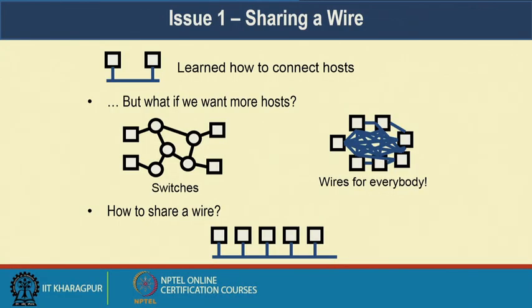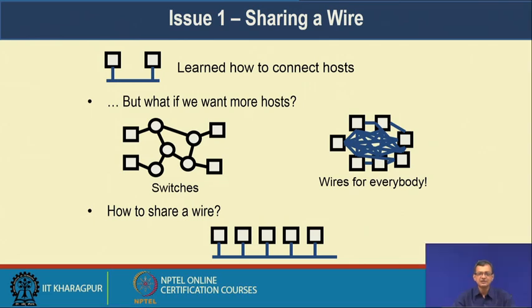Now, there are some issues and challenges. One is sharing a wire. If I have two machines which want to communicate, I may not require so many layers of networking.